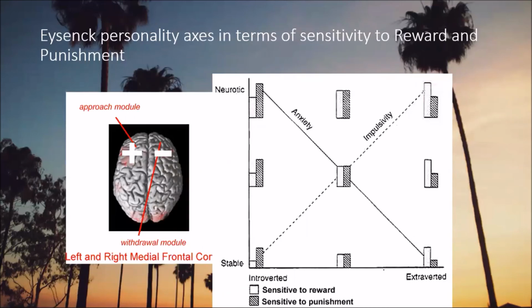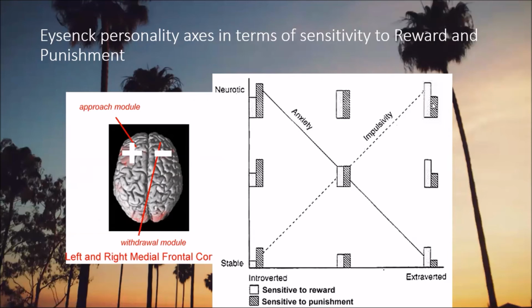Well, we do 6 emotions, just 2 general emotions. The idea of dealing with how sensitive you are to reward and how sensitive you are to punishments, and that sensitivity can manifest in many ways. If you're very sensitive to punishment, you get that anxiety, neurotic profile.